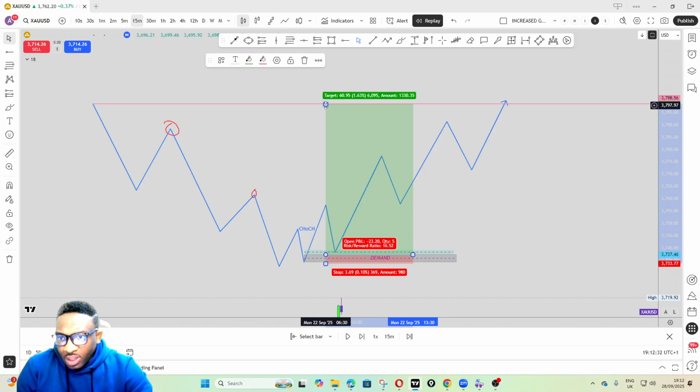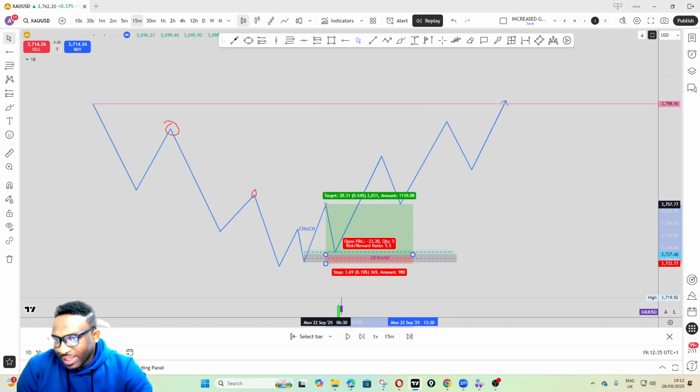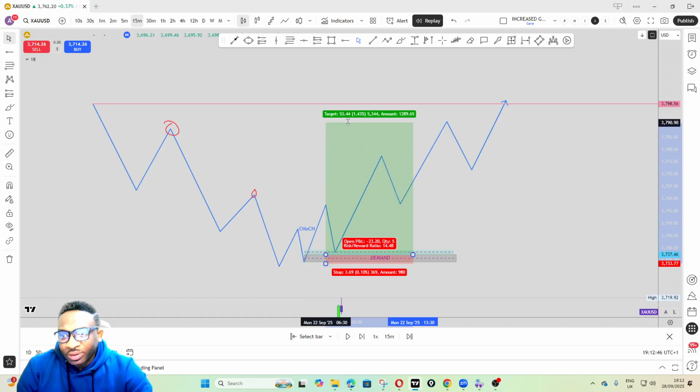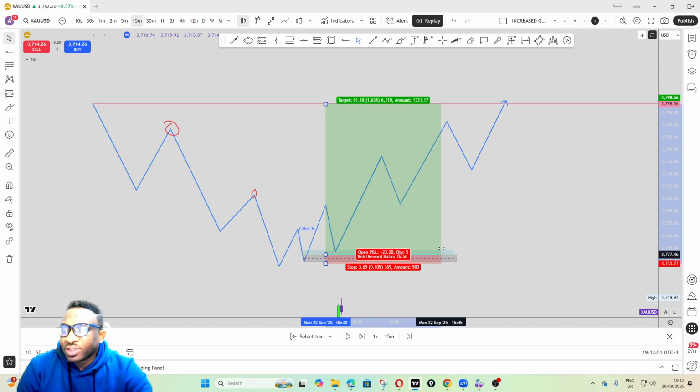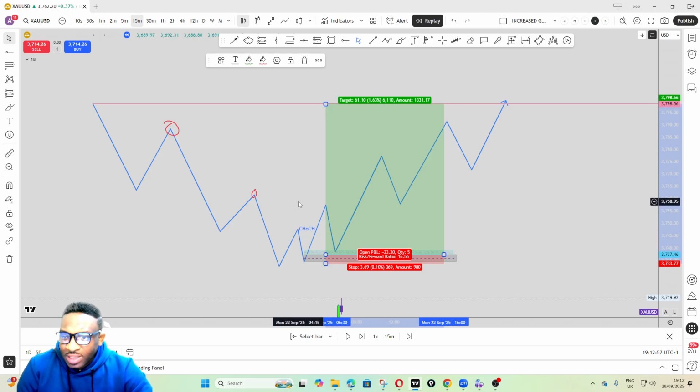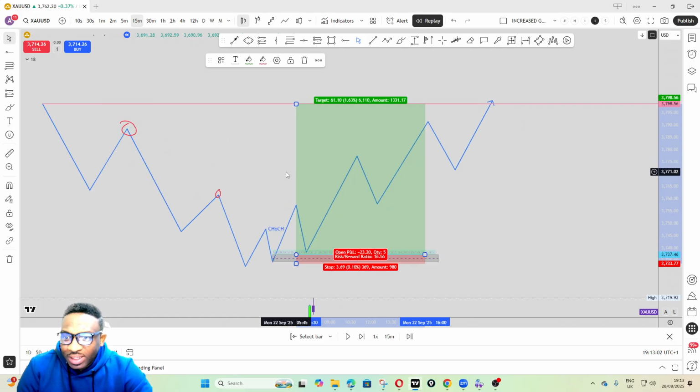But ideally, you could target 2-to-1 risk reward to be on the safer side, or if you want to enjoy the whole run of the move, you just look for the previous high and then leave it to run as the trade moves to those targets. This is the scenario that we want to see in the markets. In areas like this is where you want to be taking the reversal from.